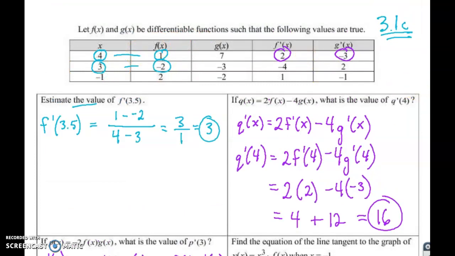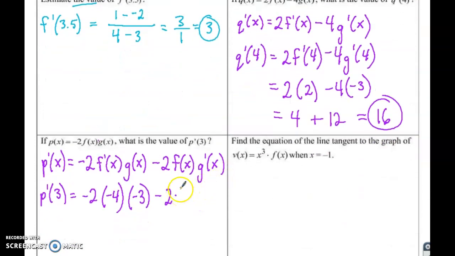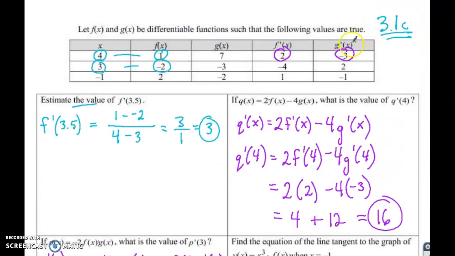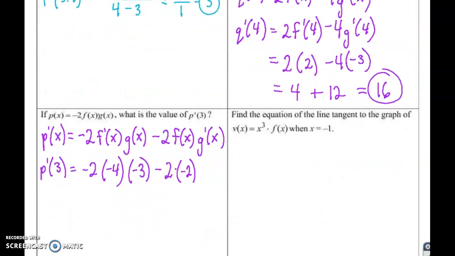F of 3 is negative 2. And then g prime of 3 is 2. Double check that you got the same answers, because you never know with me, I'm going to make a mistake. So you get 8, that'd be negative 24, and then that will turn into plus 4, 8. So we're looking at negative 16 for that approximate slope.